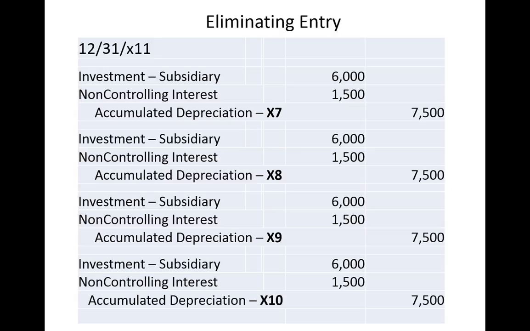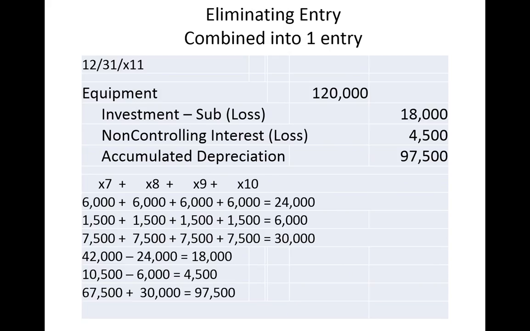We could shorten this up a little bit if we consolidated those 2 entries. And we could combine the like accounts. And if we did, we'd get the following. You see the computations here below the journal entry to get to the values that we need. The 24,000 represents the excess depreciation for the investment in sub, the 1,500 and the 6,000 are the NCI values, and the 7,500 is the depreciation amount.